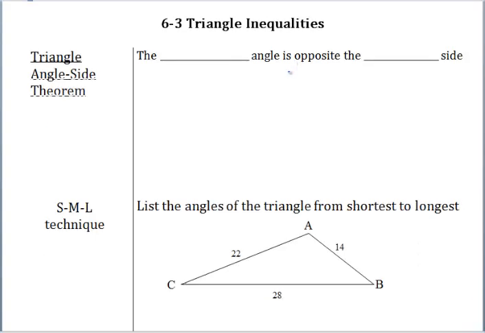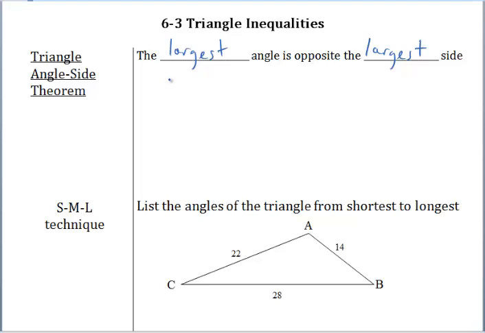Alright, first part of these notes, we're going to talk about the triangle angle side theorem. So talking about the sides of a triangle compared to the angles of the triangle, there's a couple of relationships that take place. The first one we can talk about is the fact that the largest angle of any triangle is opposite the largest side. We'll see that in a second.